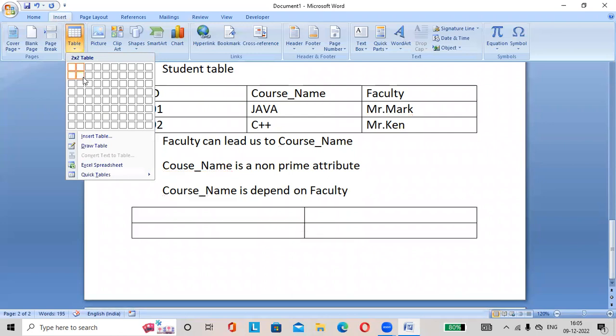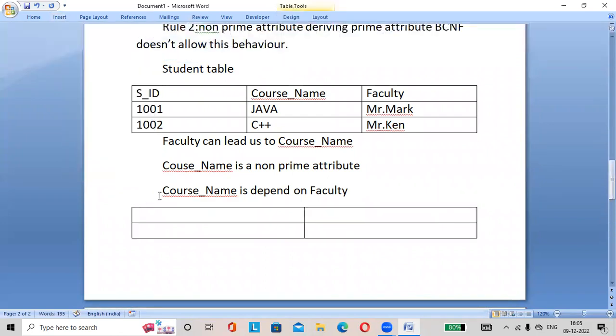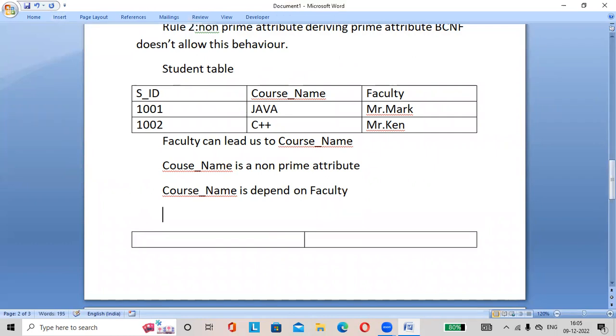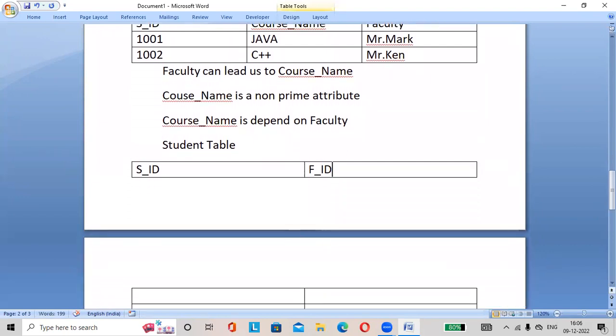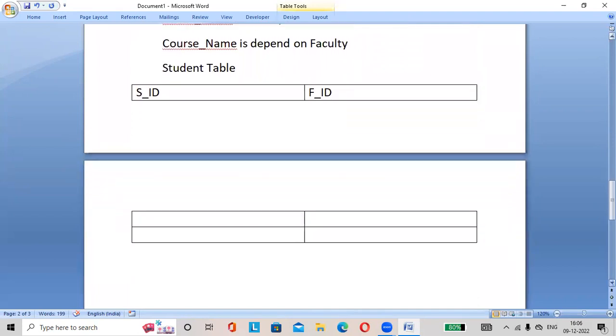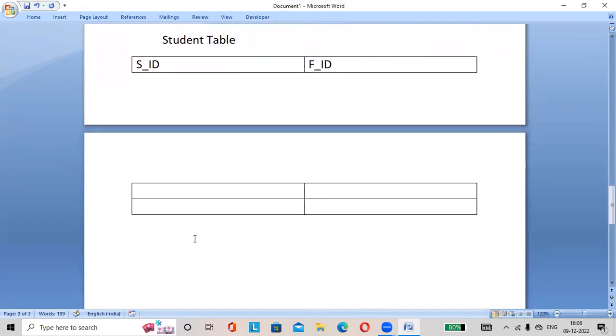First, you take this student table. What are the columns here? Student ID, student ID, faculty ID. Then you create one more table, the faculty table.